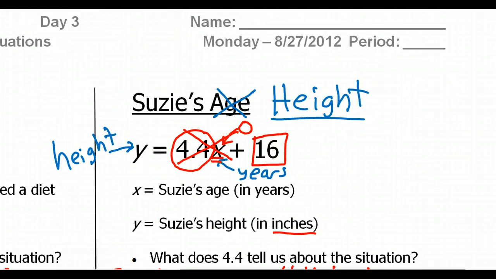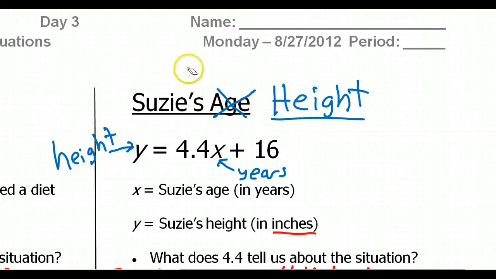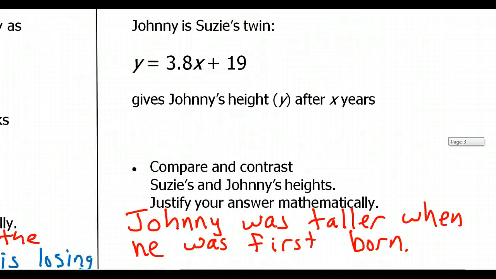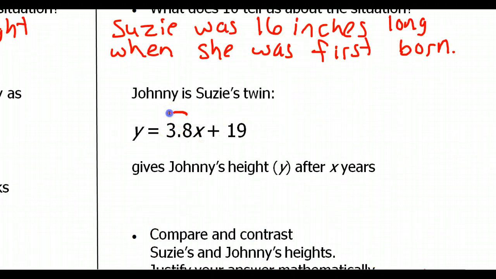Let me get rid of some of this extra red up here too. Alright, so that's another thing that we can now compare between the two. Who is growing faster? Is Susie growing faster? Hint, hint, hint. Or is Johnny growing faster?